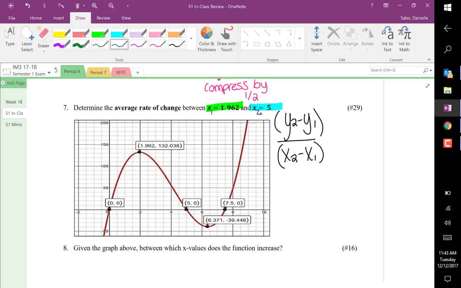Remember, x values are where it's located. So what I'm going to do in green is highlight the point that goes with it. So right here, 1.962. That's my x1. So what's my y1 then? In this problem, what's the y1?